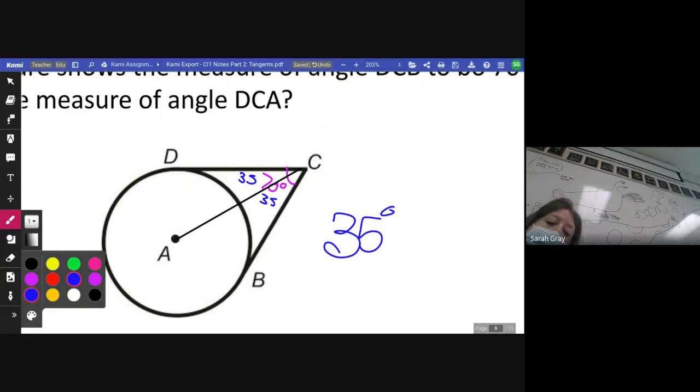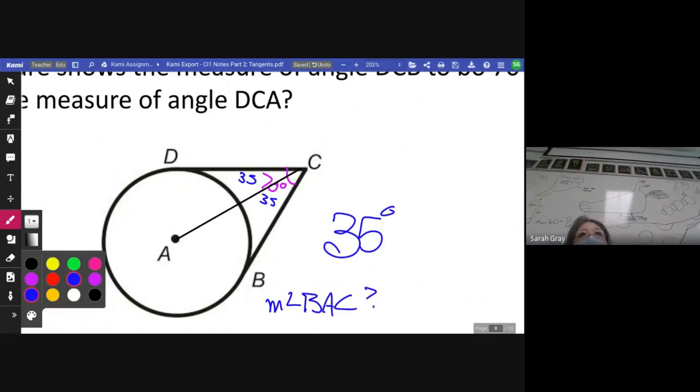Bonus question. What's the measure of angle BAC? No, not 75.